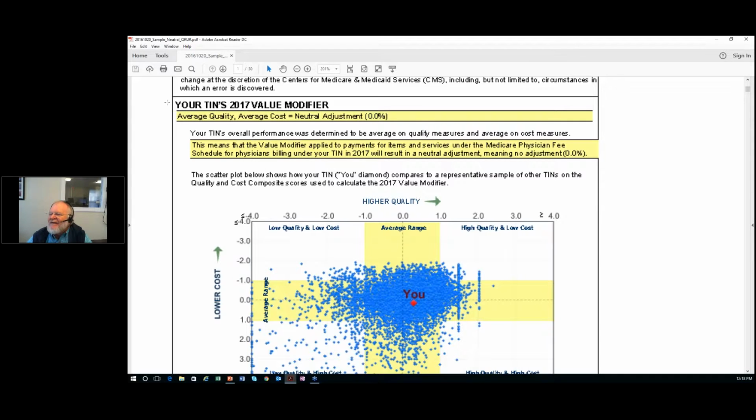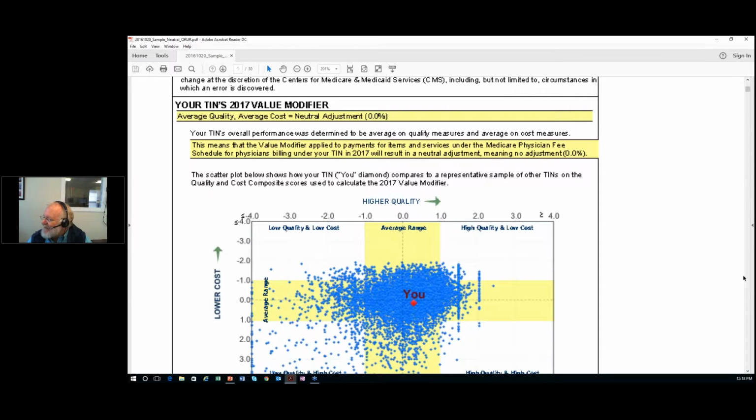If you've determined that you've gotten a negative adjustment and think it might be an error, or if you think it's not fair, and that's a reasonable thing to bring up. I've seen some ways that statistically cost is being attributed to practices in ways that you have no control over, and I think it's worth making your feelings known about that.